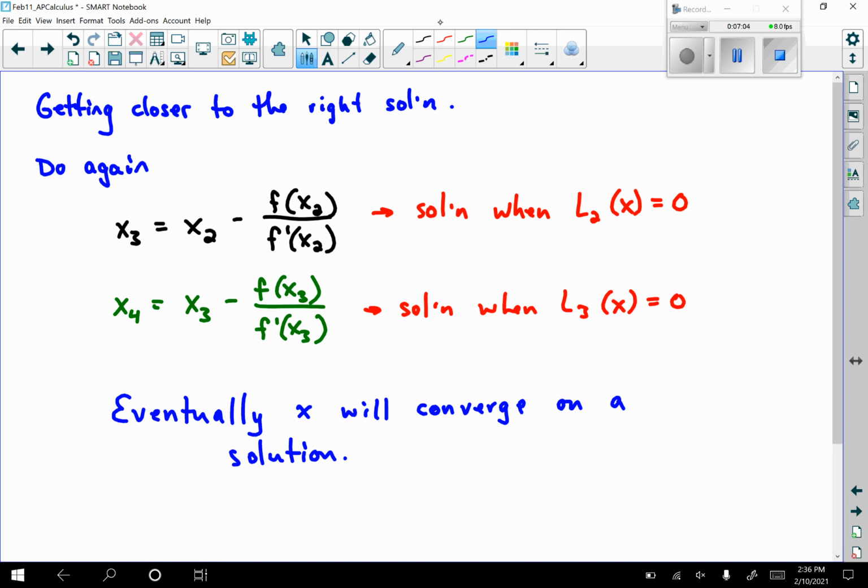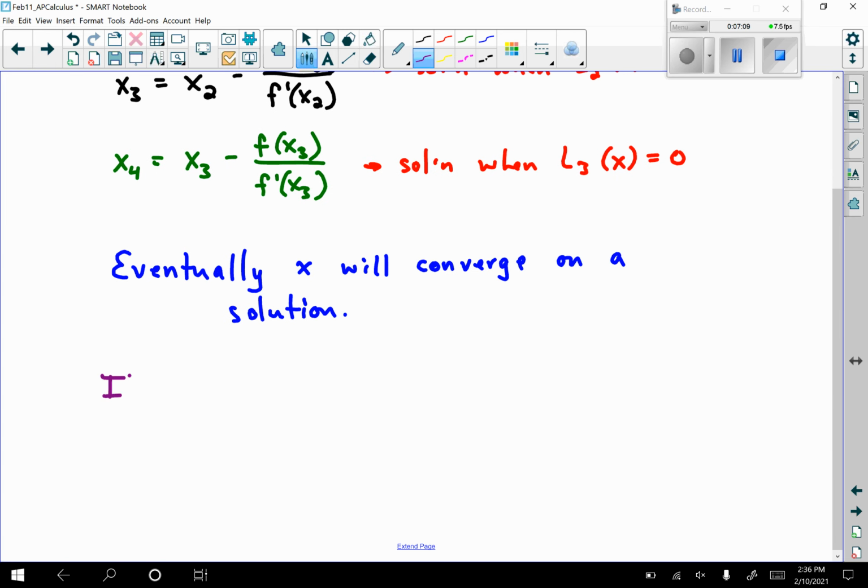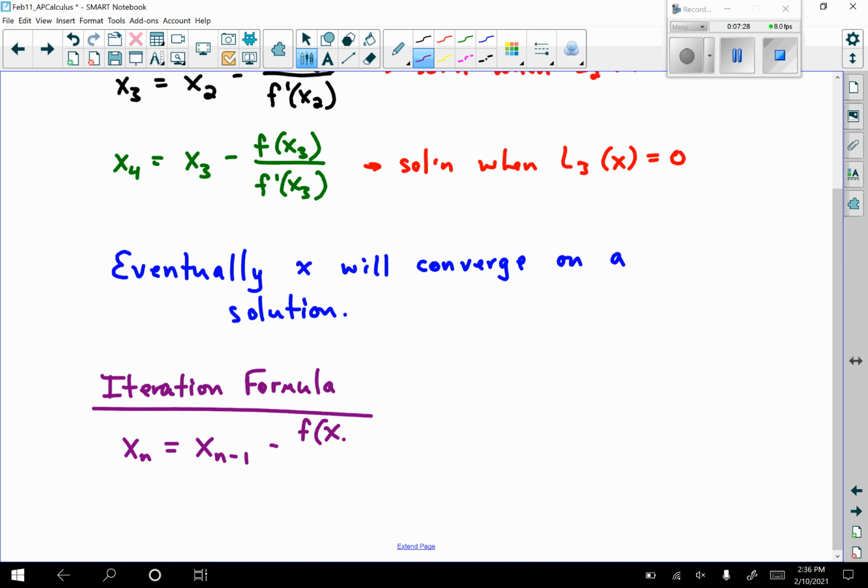So what we've created here are called iteration formulas. There's two ways we can look at this. We could say x sub n is going to equal x sub n minus 1 minus f of x sub n minus 1 over f prime of x sub n minus 1. So if 4 was n, 3 is n minus 1.